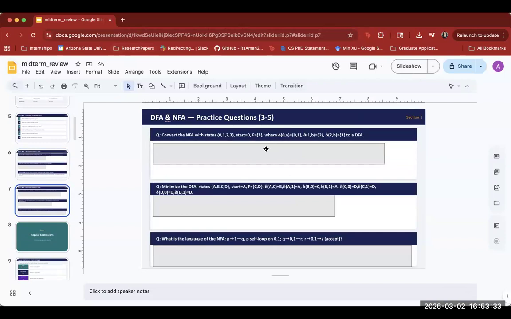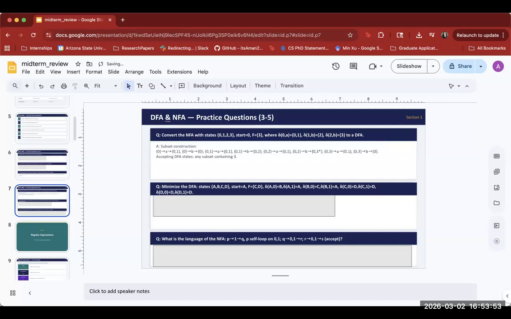And then you have another question, which is basically to convert this NFA with states 0, 1, 2, 3, where your start is 0, F is 3, and then you have your transition functions.